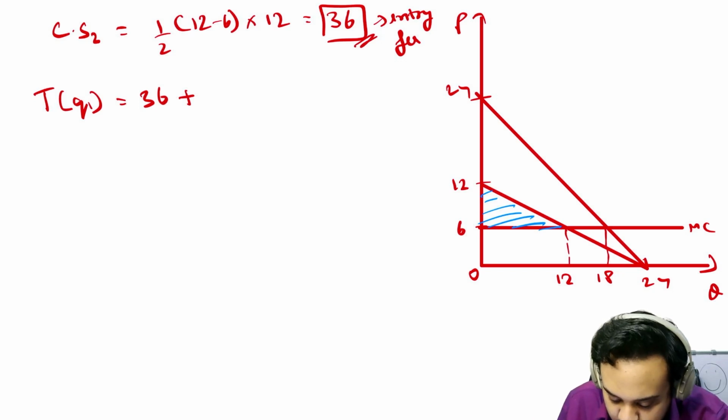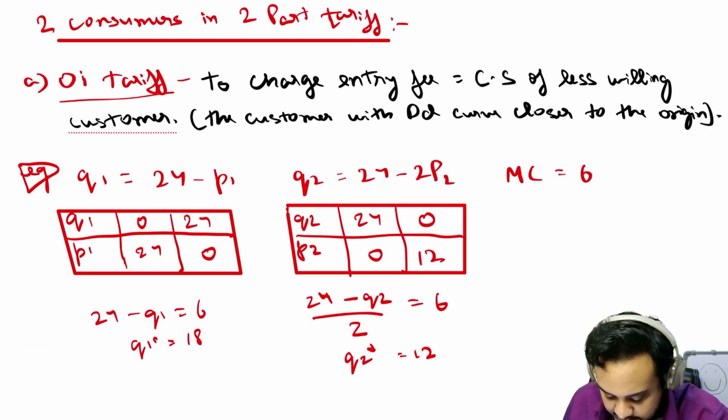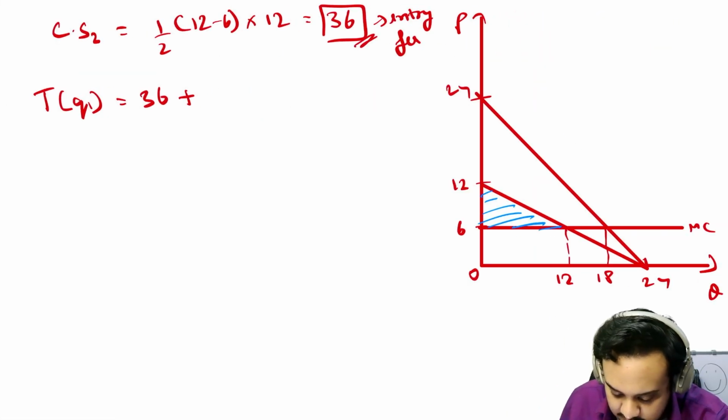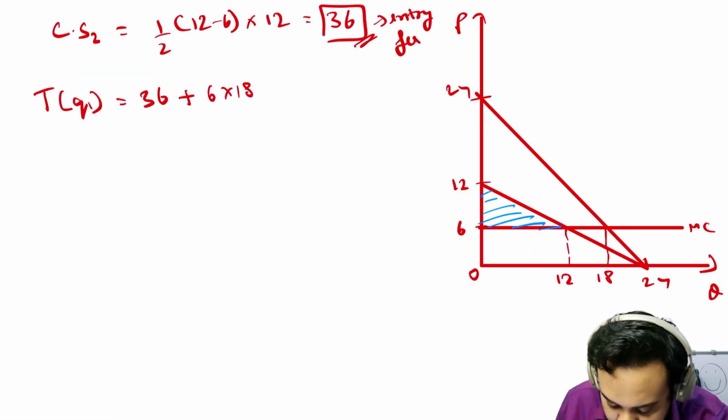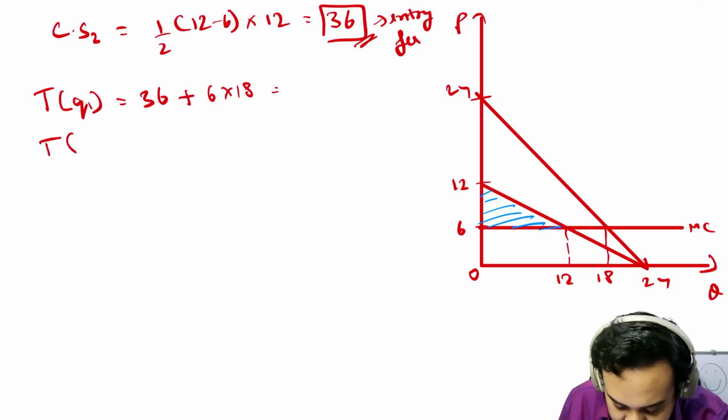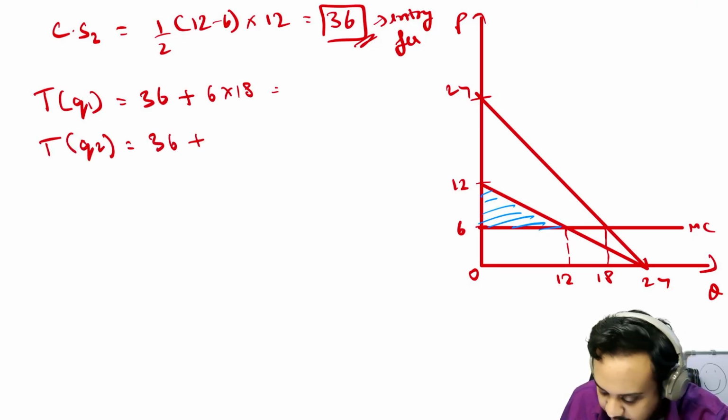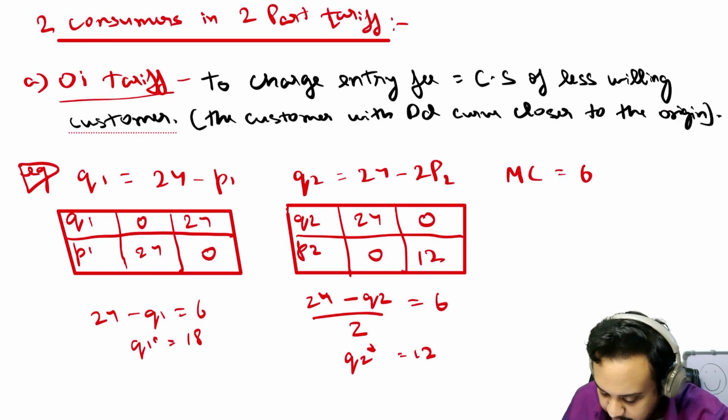Q1 is 18, and P1 is 6, so 6 into 18. Similarly, the tariff for the second customer is 36 again, plus P2 Q2. P2 is 6.